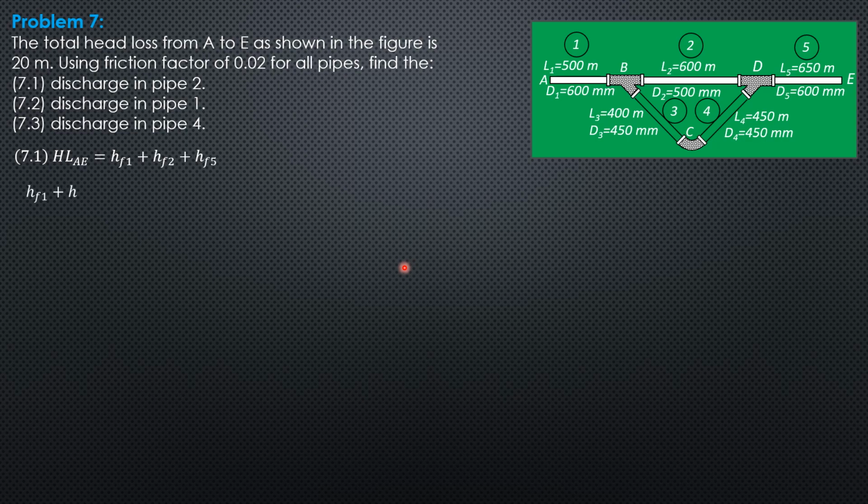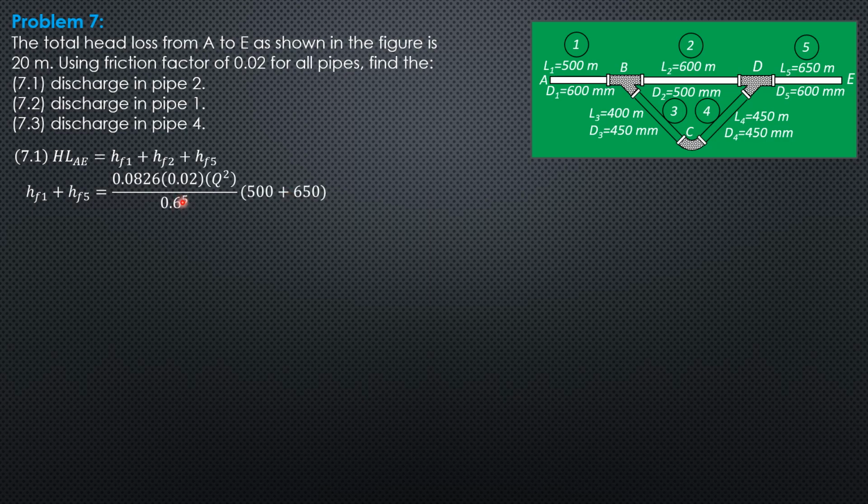So HF1 plus HF5 have common values: 0.0826 and friction factor 0.02. They have the same discharge, so Q square. The diameter is also common for diameter 1 and diameter 5, 0.6 to the fifth. What is not common would be the length. L1 is 500, L5 is 650.